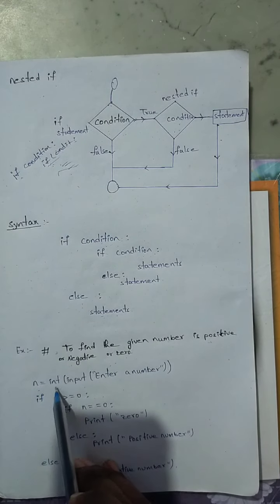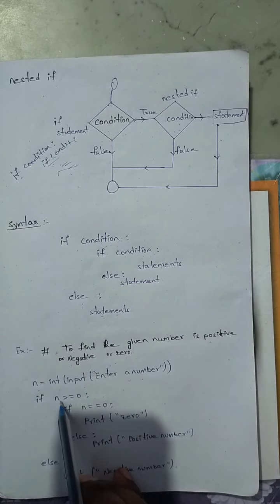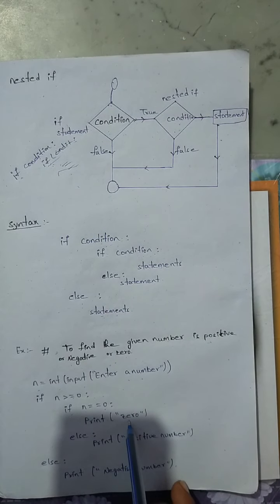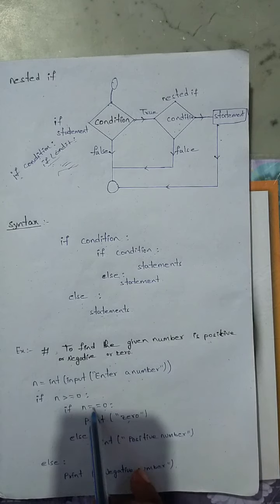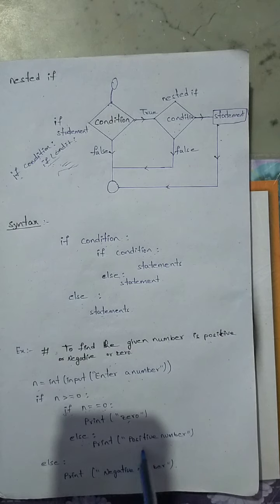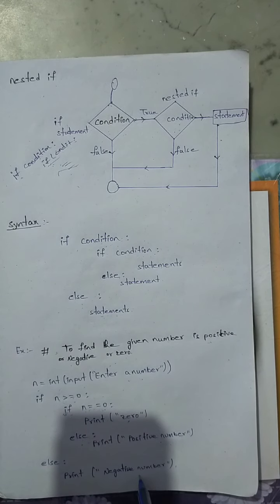Here n is equal to input, enter a number. Then if n greater than or equal to 0, if n equal to 0, print it is a 0. Print 0. If n is not equal to 0, then the inner if condition is false, so the else block will be executed, print positive number. If n is not greater than or equal to 0, then the else block will be executed.